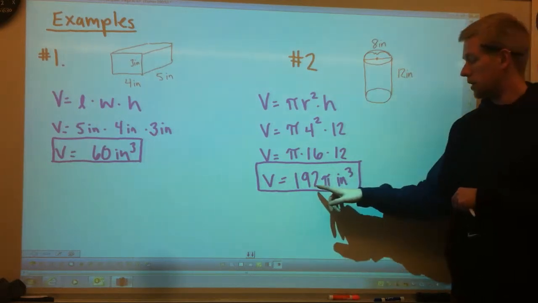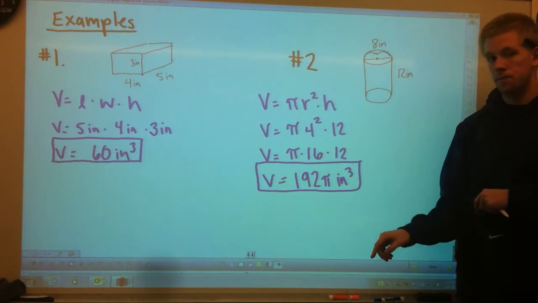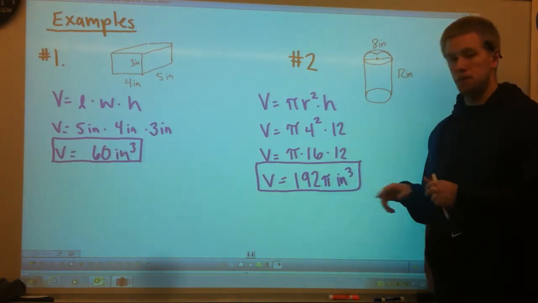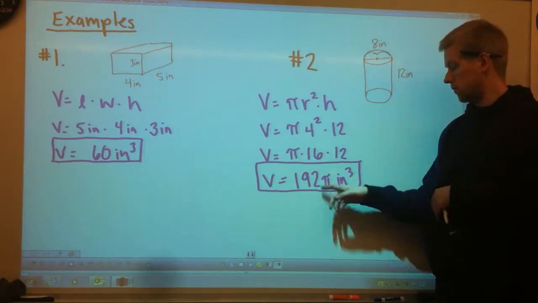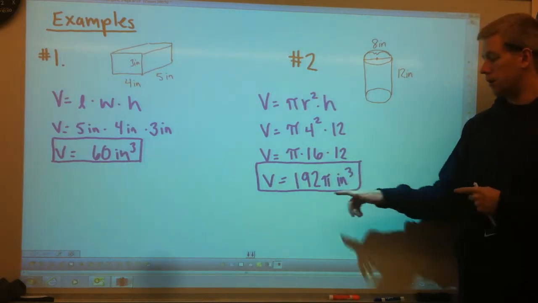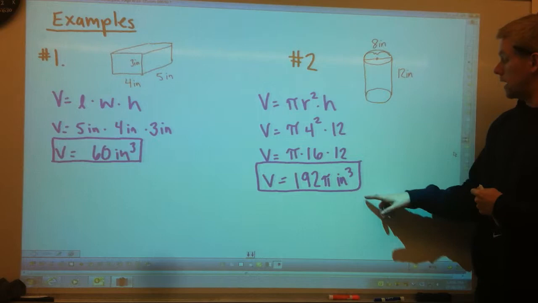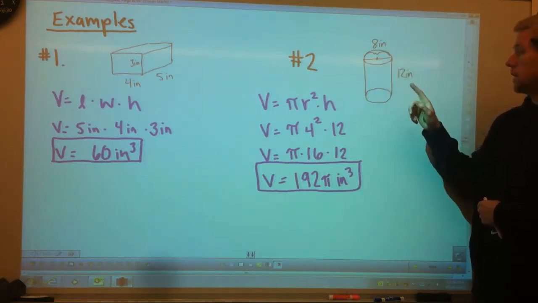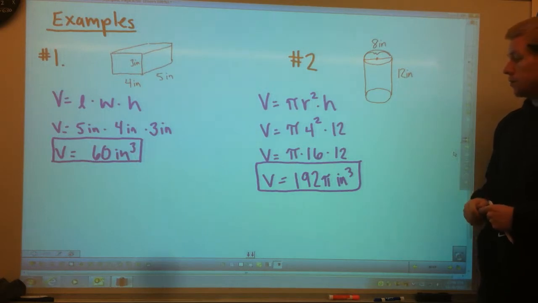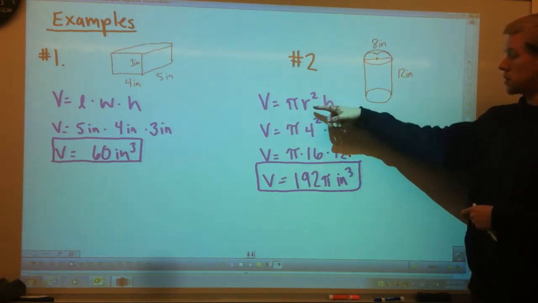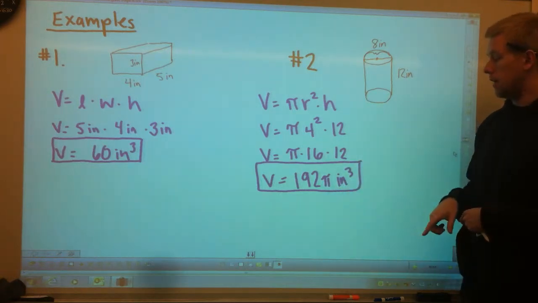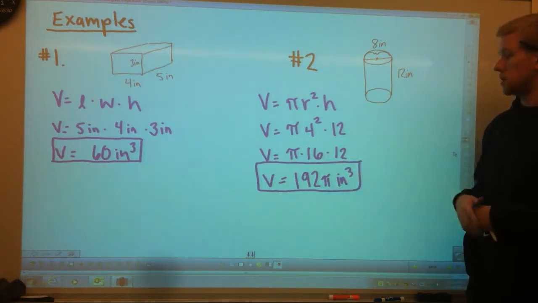That pi is simply multiplying 192 times 3.14, going on forever, but because you don't have calculators, just leave it there. So that is my volume for this cylinder, given the diameter of 8 inches and a height of 12 inches. You need to square your radius, and then you can simply leave your pi at the end of your number and have cubic inches there.